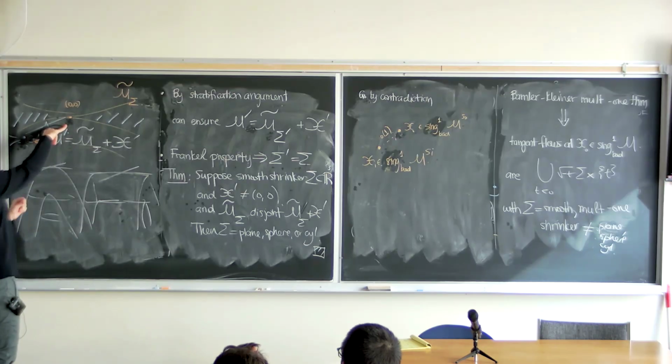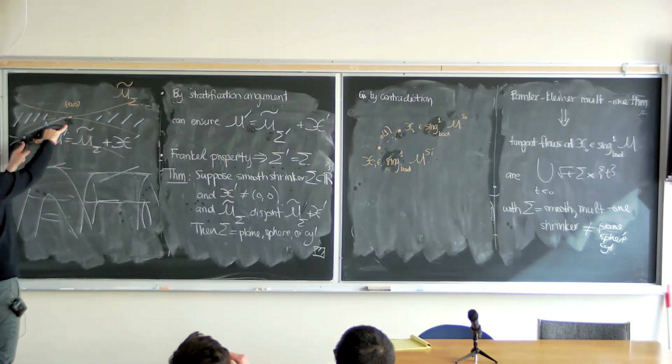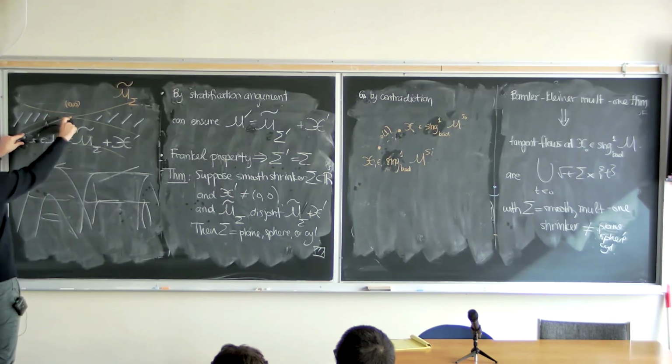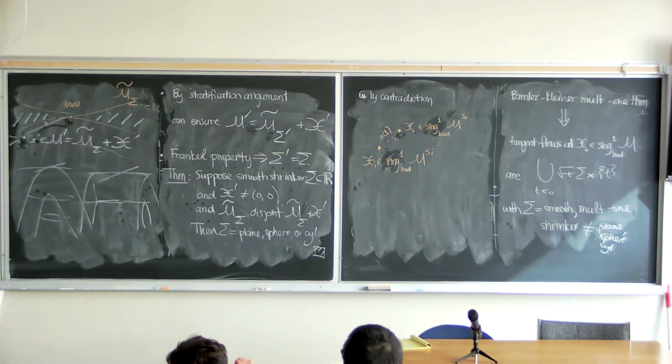Which is why this becomes a tangent flow immediately, and this one might not. That's why I'm stratifying. I'm ensuring the density drop is uniformly small in small scales at both, which will turn this into a self-similar shrinker too. That's the tricky part. This is by so-called constitutive.